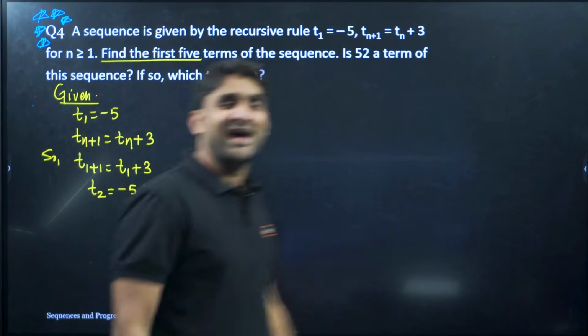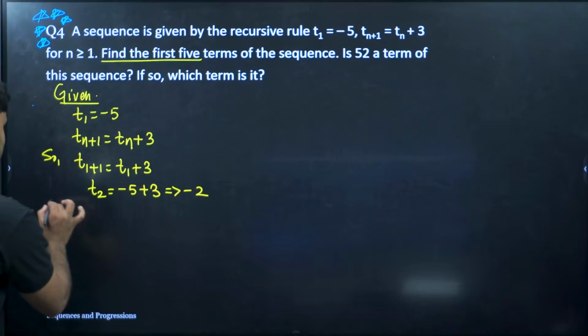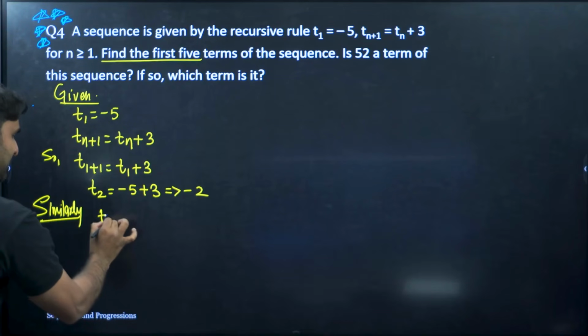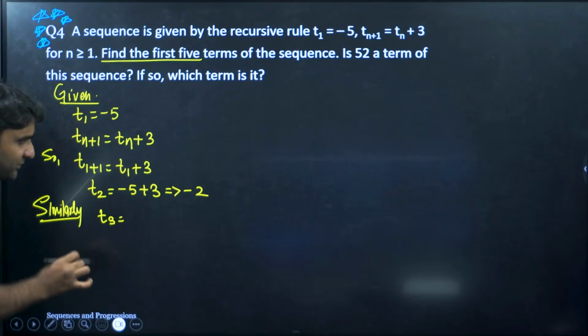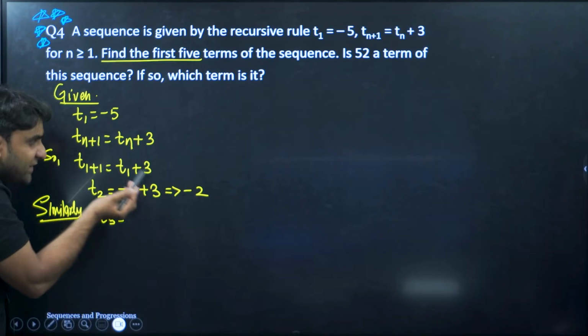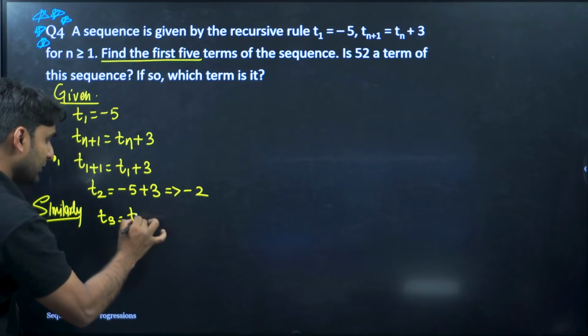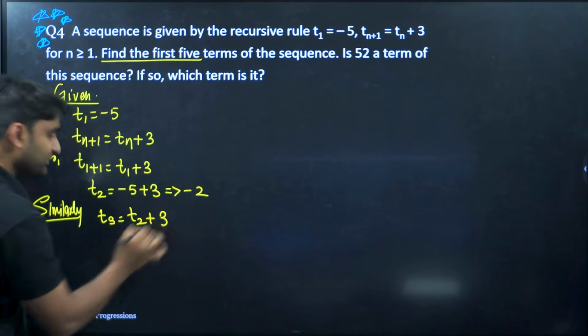Clear everyone? And similarly, what will be t3, guys? Look, if t2 is equal to t1 plus 3, then t3 will be t2 plus 3.